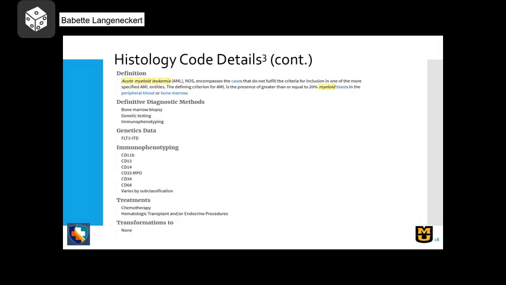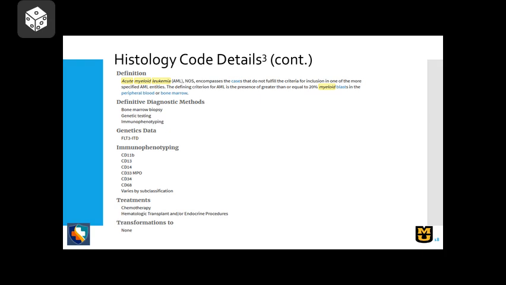Additional information about acute myeloid leukemia can be found by scrolling down. Definitive diagnostic methods are bone marrow biopsy, genetic testing, and immunophenotyping. Look for this information in the electronic medical record and path report. You will also see that treatment for acute myeloid leukemia is chemotherapy and hematologic transplant or endocrine procedures.